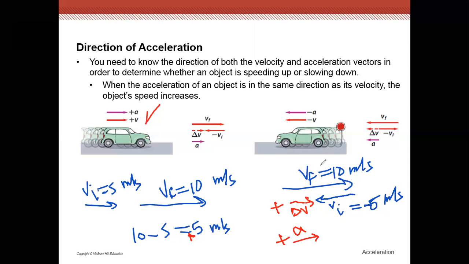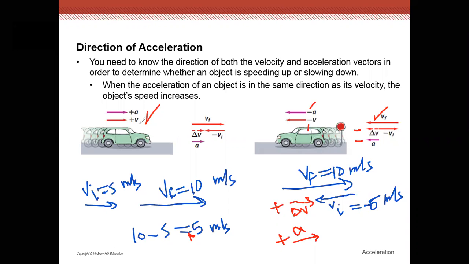Because we are in the positive direction. If the movement is in the negative direction, it is the same thing: Vf to the left and Vi to the right, so delta V takes the sign of the bigger one. Okay, so acceleration is negative, delta V is negative. So both acceleration and velocity have the same sign, so the object is also speeding up, but speeding up in the negative direction.